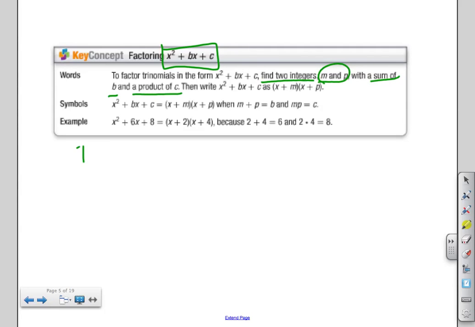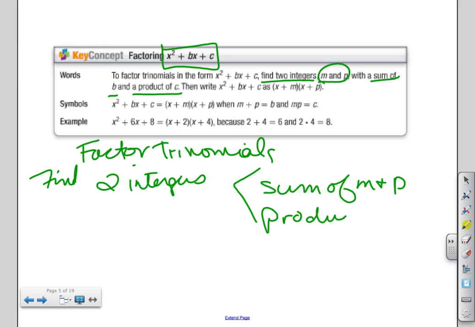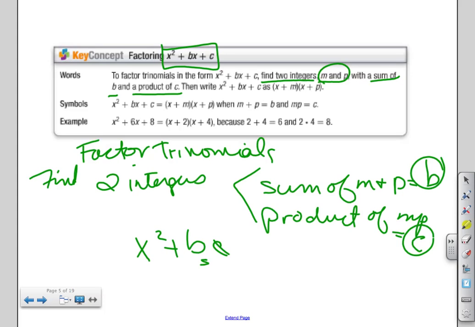So to factor trinomials, we're going to find two integers that have a sum of m plus p for the b and a product of mp for the c in x squared plus bx plus c.